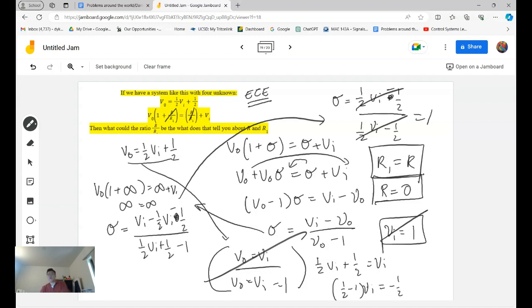So somehow R1 equals 0 in this thing is possible, but it tells you that you need infinite voltage, which basically says this is stupid. Right? Yeah.